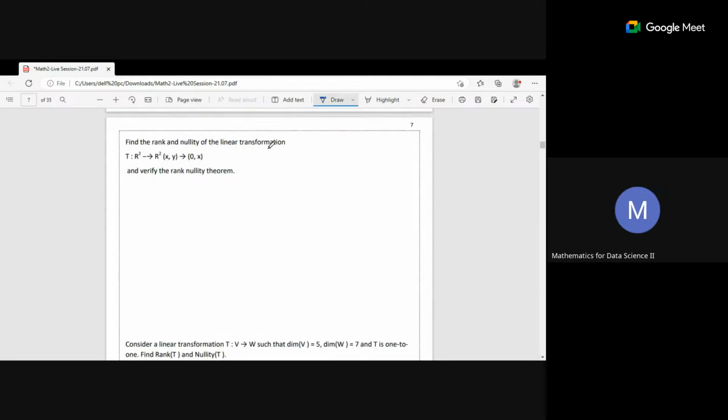Find the rank and nullity of the linear transformation and verify the rank nullity theorem. So for this linear transformation, what is the rank and nullity they are asking? T of (x, y) is given by (0, x). Can you first of all say what is the matrix corresponding to this with respect to the standard basis? Let us say beta is your standard basis.